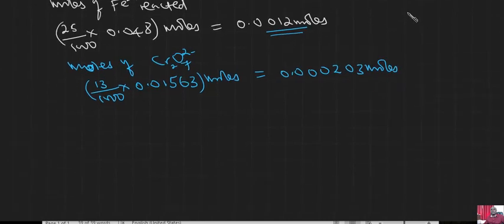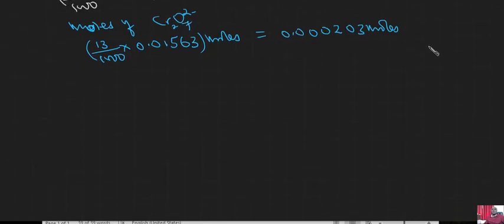Let us now get the ratio between the two. We want to get the ratio between iron 2 and dichromate 6. The ratio here we have found it's 0.0012 against 0.0002032.